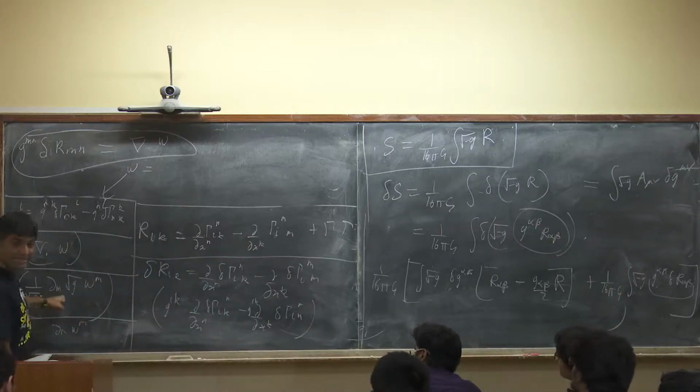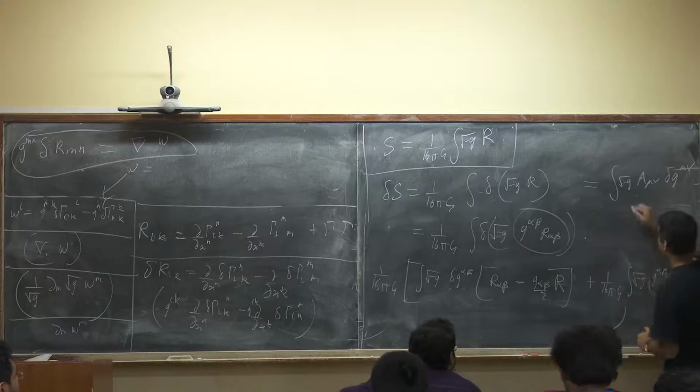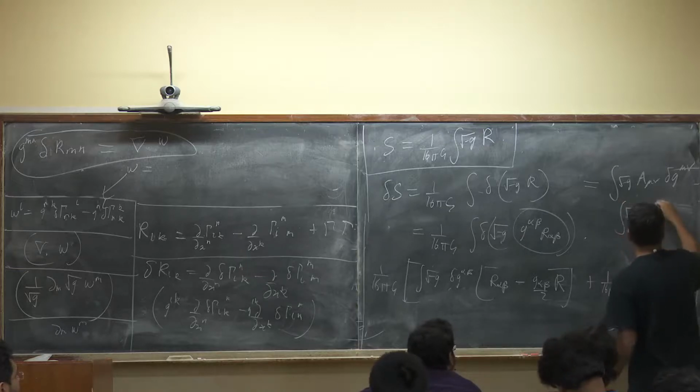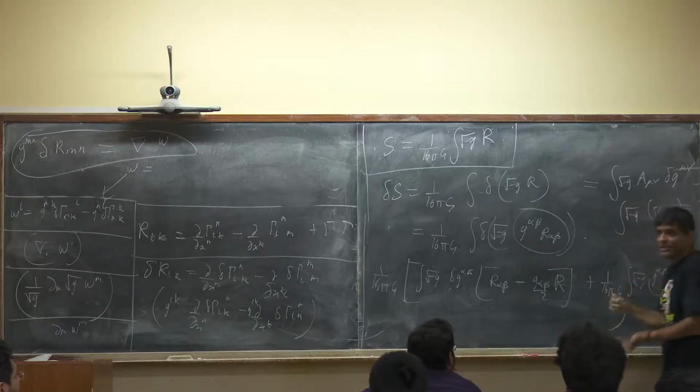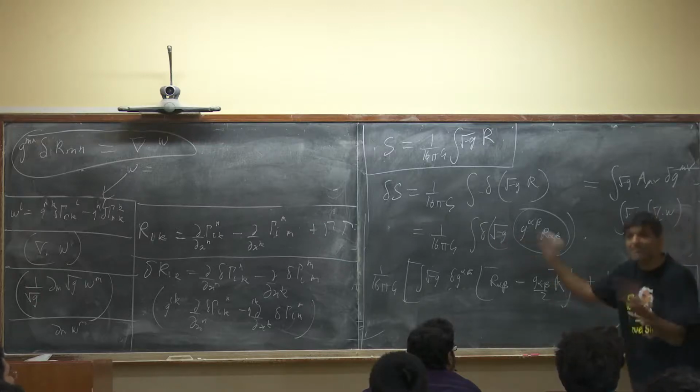Because this formula tells you that this fancy derivative has 1 by square root g. There are two things that may make you wonder why the integral of square root minus g times del dot W should be integrated to the boundary. Firstly, there's the square root g. Secondly, there's this fancy del. These two things cancel each other out for the case that W is a vector, because this fancy del has 1 by square root g times an ordinary derivative of something.